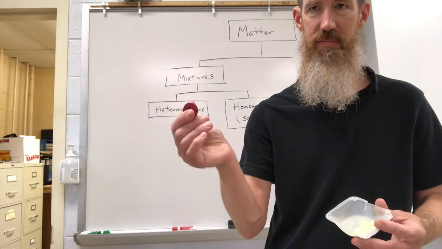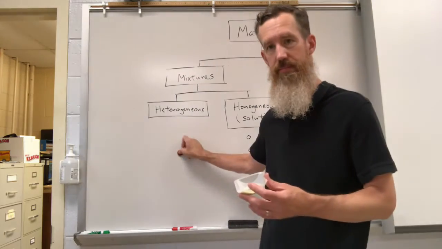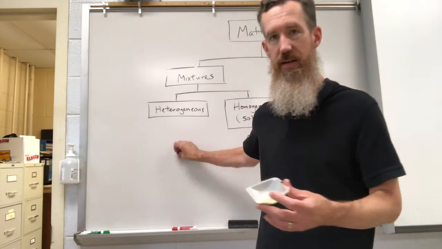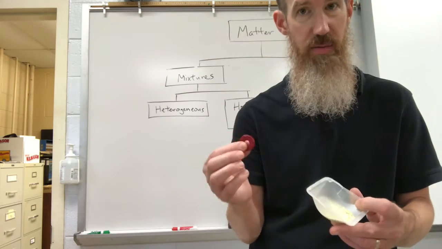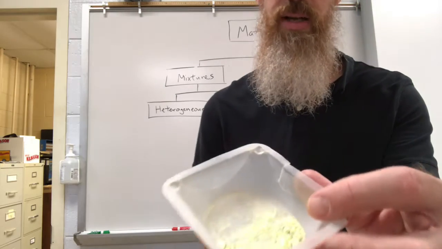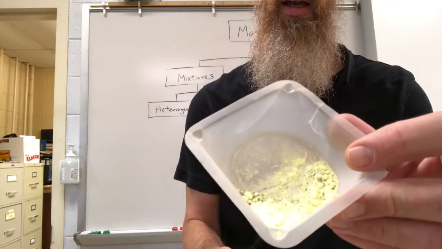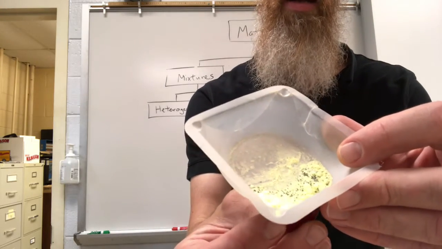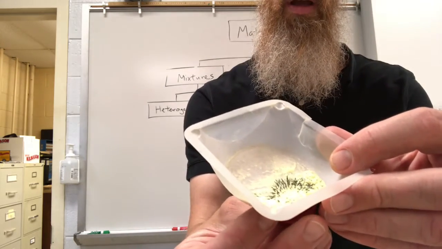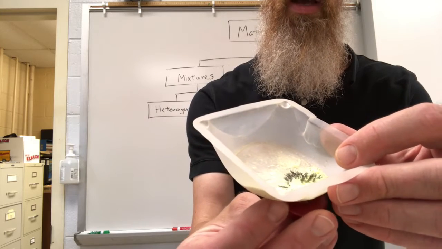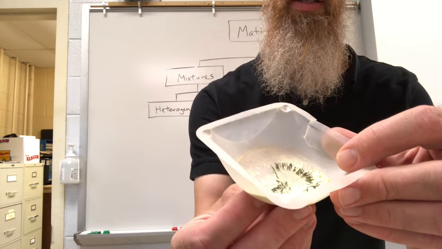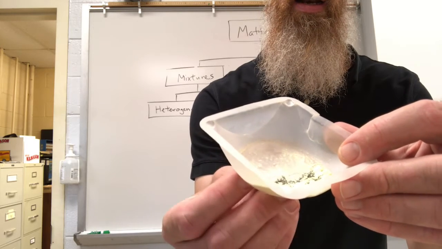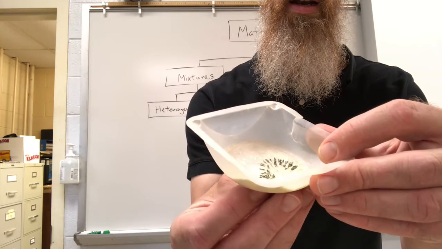I have a magnet. And magnets only work with certain metals, iron being one of them. So if I take my sulfur and my iron and I bring my magnet nearby, I can easily move the iron and separate it out of the mixture.